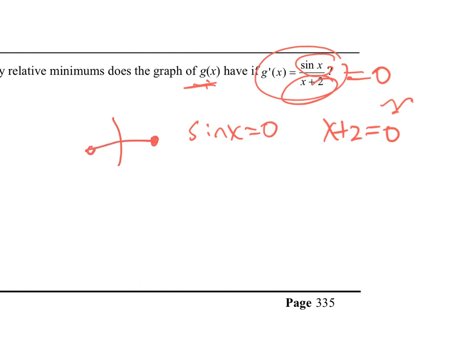Here and here. X can be 0. X could be pi. Where could it happen on here? X could be -3, -2. That means there could be 3 relative minimums, but it's doubtful. Make a sign chart.